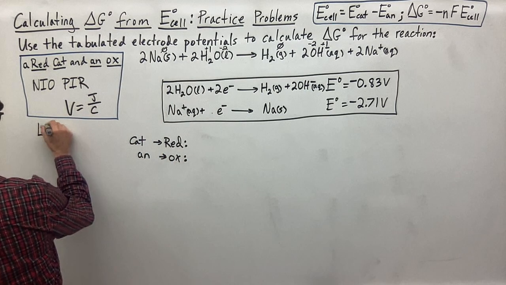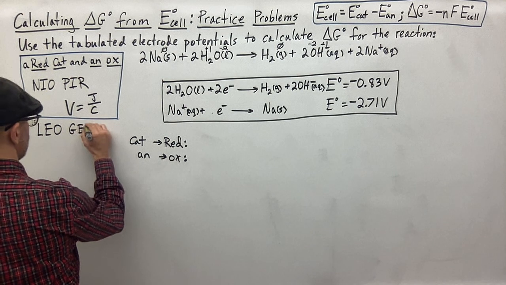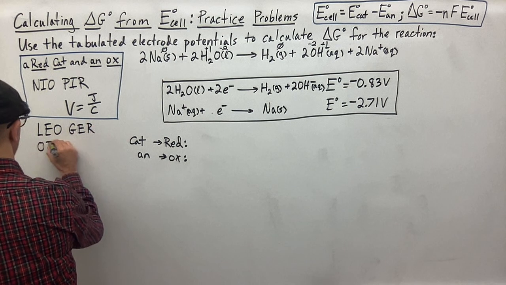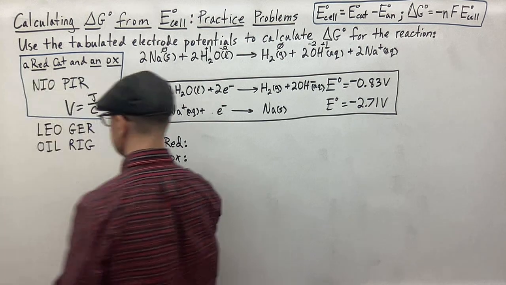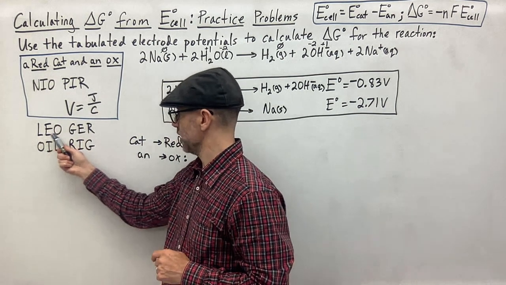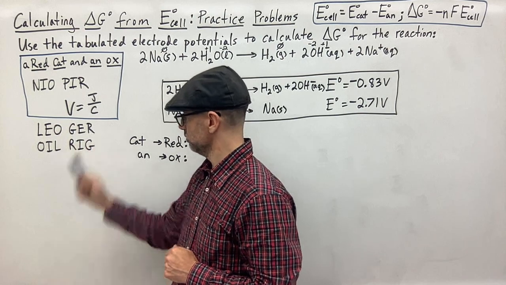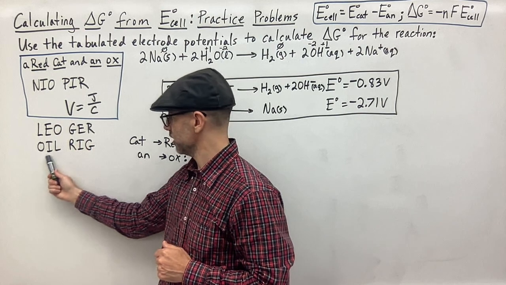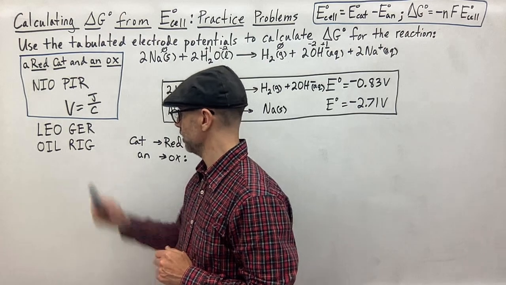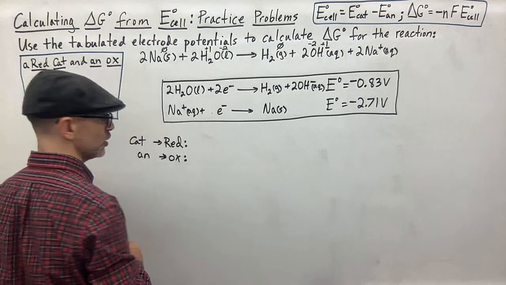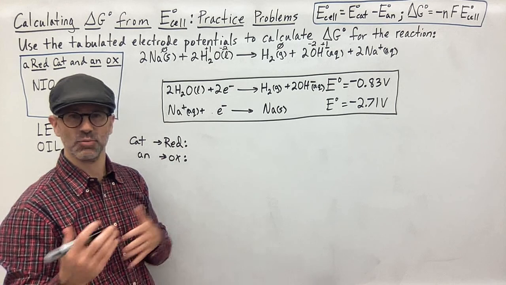So another mnemonic device, LEO-GER, or OIL RIG. Loss of electrons is oxidation. Gain of electrons is reduction. Oxidation is loss of electrons. Reduction is gaining electrons.